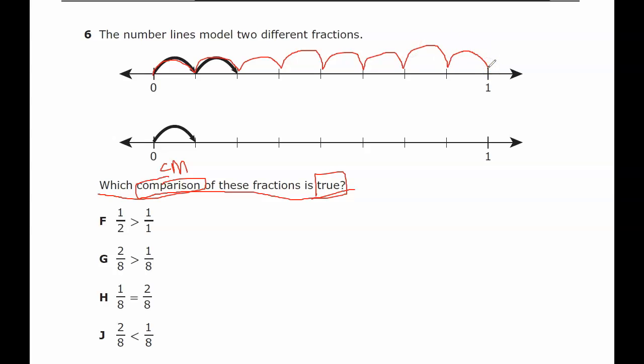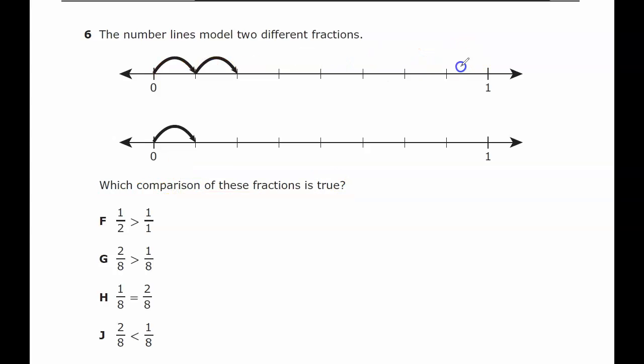So what you're going to do on your paper, pause here, draw this number line, make sure it looks exactly like mine, draw your jumps so that we can put in our denominators. So I have 1, 2, 3, 4, 5, 6, 7, 8.